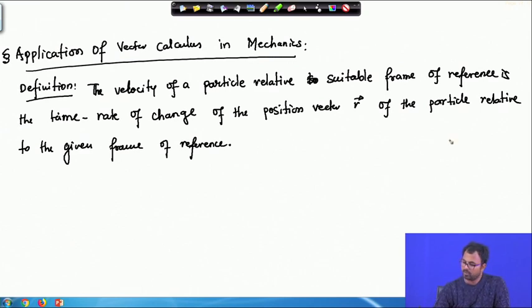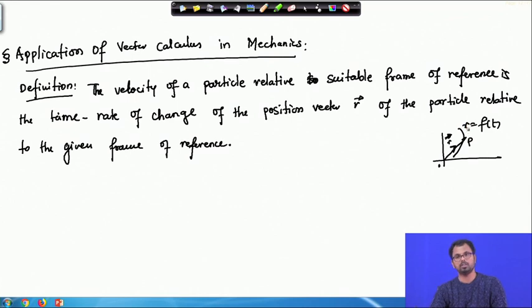So, let us say we have a curve, r equals f(t), suppose this is my equation, and that is the origin, and that is the point P. This is our position vector r, and if it is moving along this curve with respect to time t, then that gives the velocity of that particle.